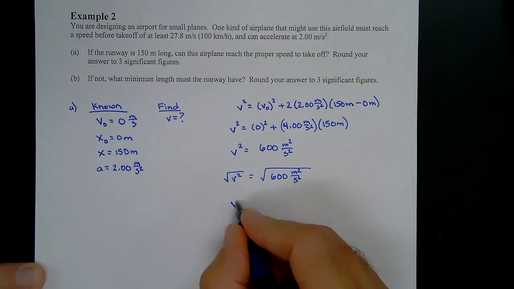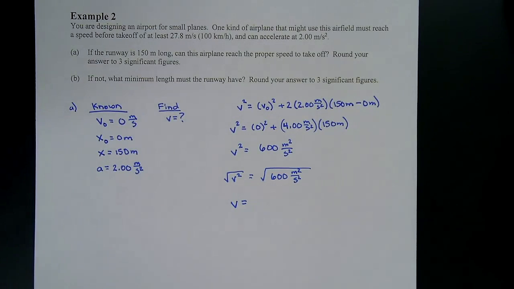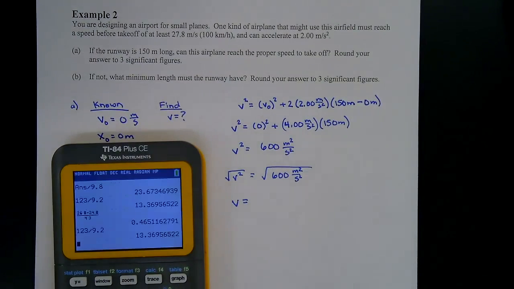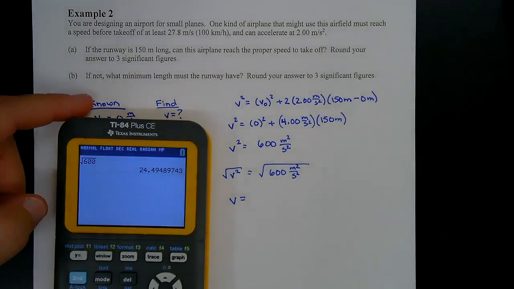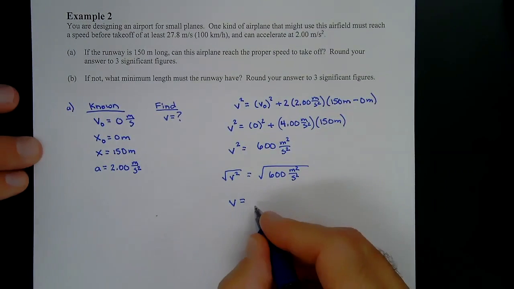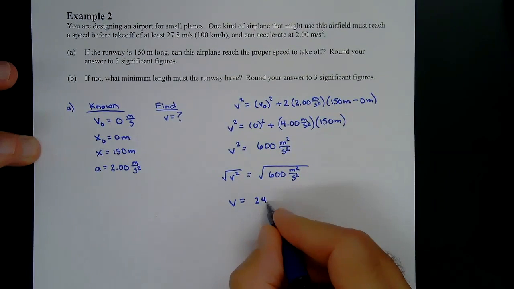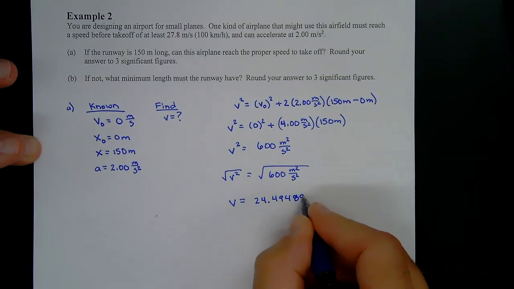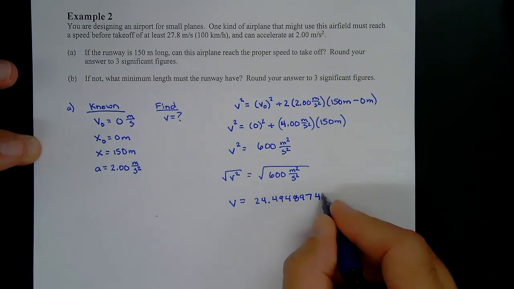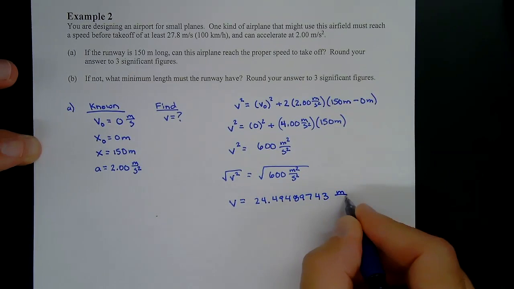So my velocity turns out to be, when I put this into the calculator, the square root of 600, and it turns out to be 24.495. Well, I'm going to write them all out. So V turns out to be 24.49489743 meters per second.